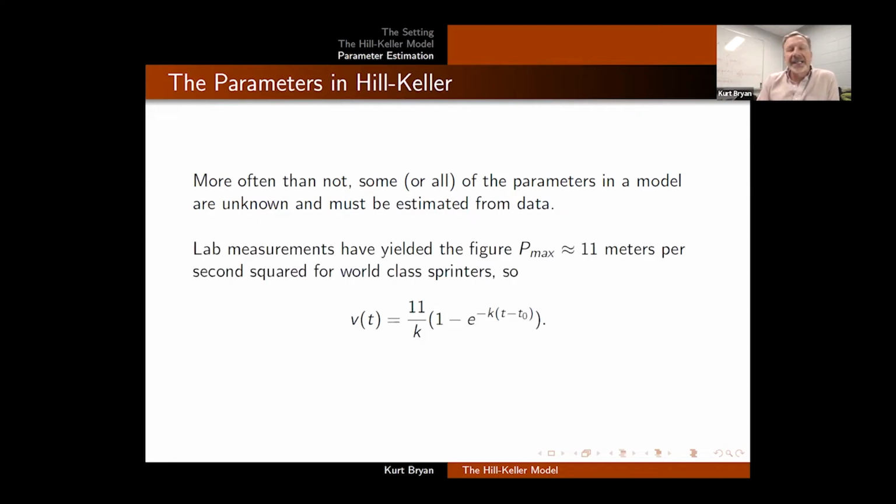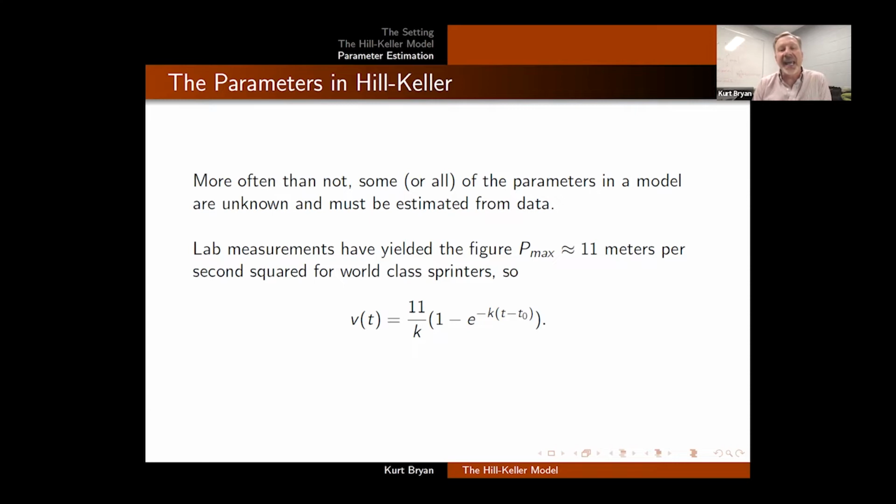Well, I tell them, and this is in the literature, P max, or more accurately, the max acceleration that a world-class sprinter is capable of, is about 11 meters per second squared. That's been measured in the lab. So just to avoid having too many unknowns floating around, I say, let's go with 11 meters per second squared.